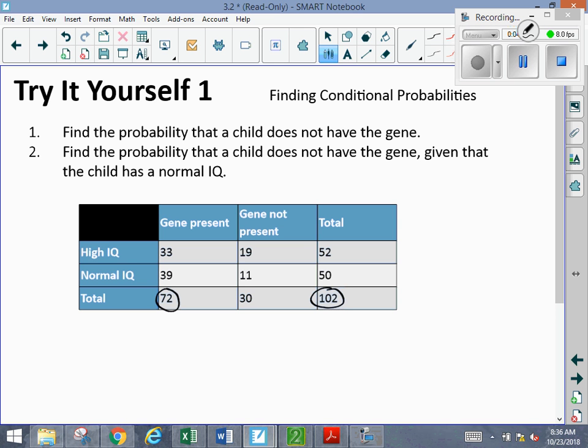So I can take the probability that they have the gene, which is 72 over 102, which I'm going to calculate. That's approximately 0.7.